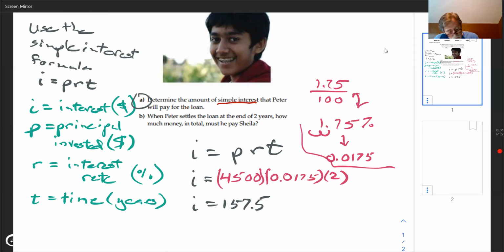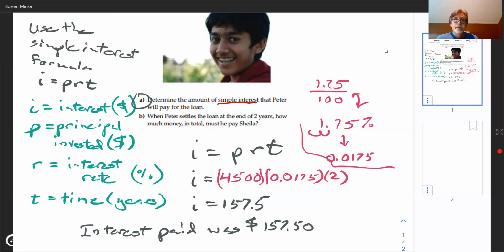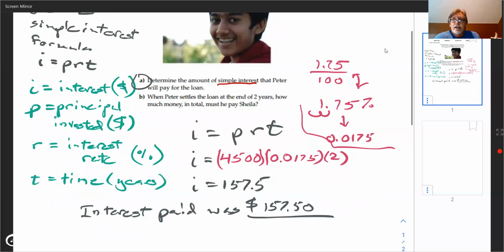So the interest paid was $157.50. That's what this guy paid through 2 years on the loan. That makes sense. That's how you answer that.